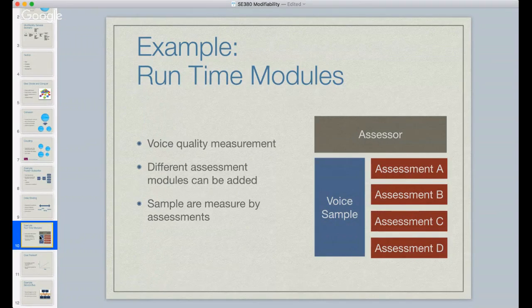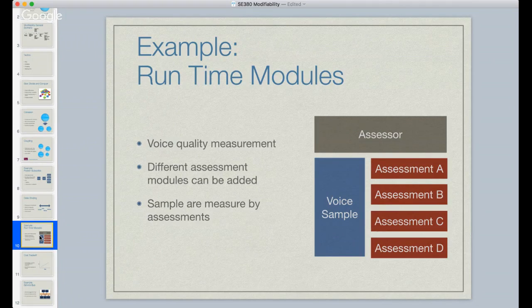I can have another assessment sample that measures the number of long pauses, another assessment module that measures duplicate words, for example, another one that might measure cadence or tonal qualities of the voice sample, and then the total sample is a summation or some function of all of those individual assessments.